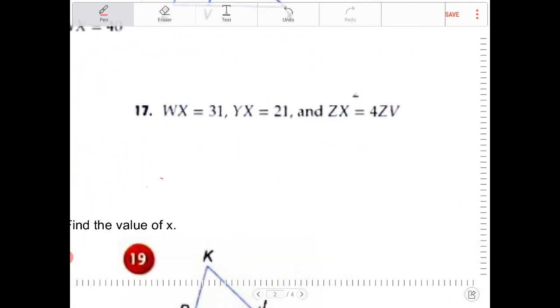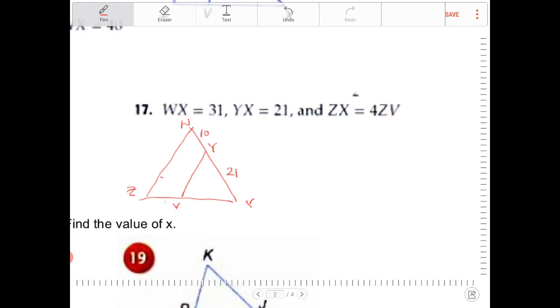Alright, here we go again. So I have Z, W, V, Y, X. Wx is 31, Yx is equal to 21, so therefore Yw is 10. Zx is equal to 4 Zv. So if I say Zv is x, then Zx is 4x, or this guy is 3x.